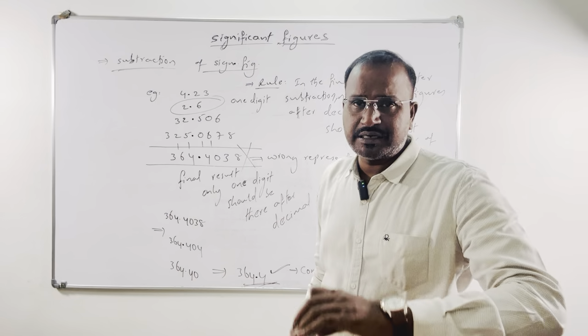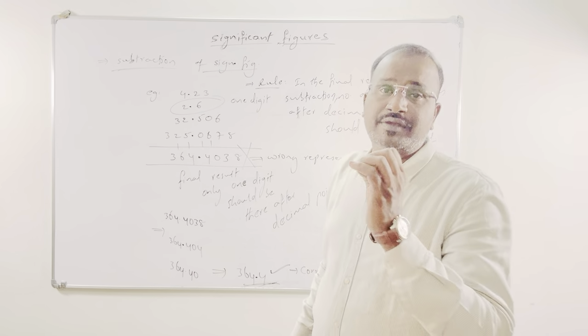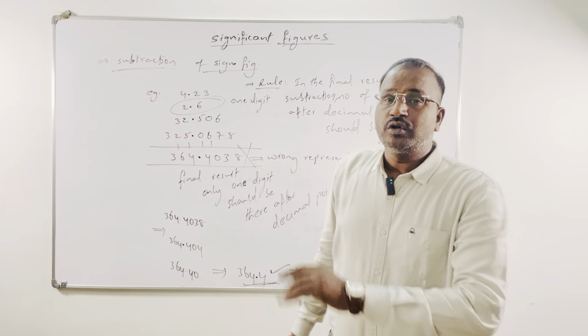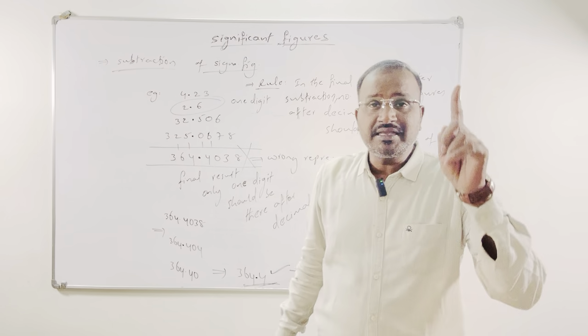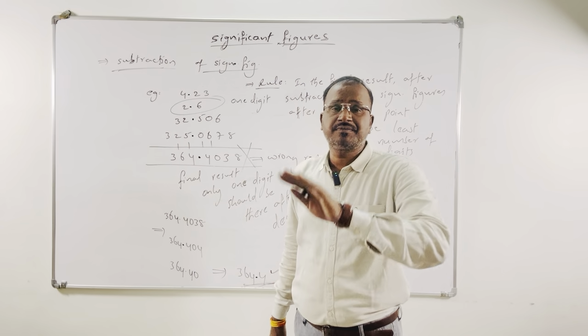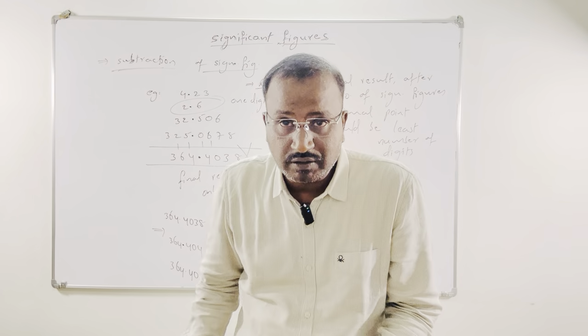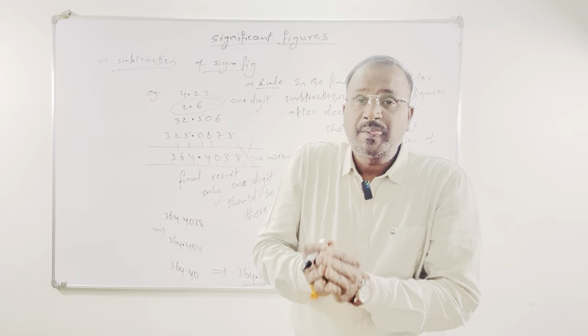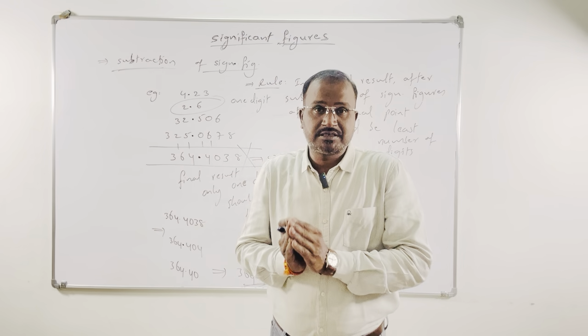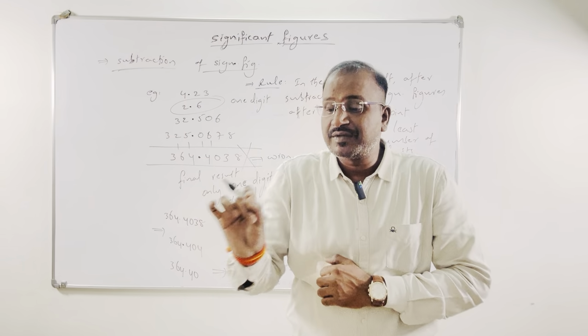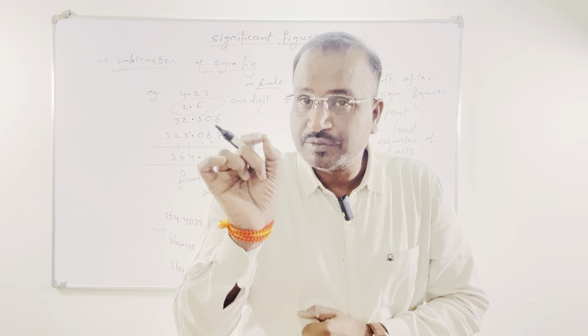How we used it in addition, the same rule we have to apply for subtraction also. No change in this. For addition as well as subtraction, the same rule will be there. What is that rule? In the final answer after doing subtraction or addition, the number of digits after the decimal point should be least.